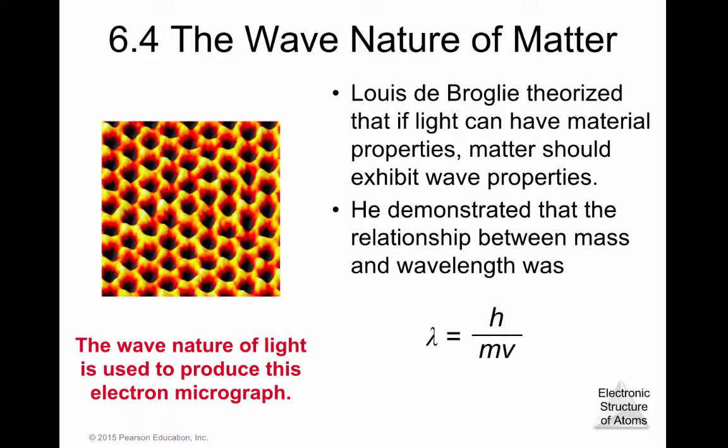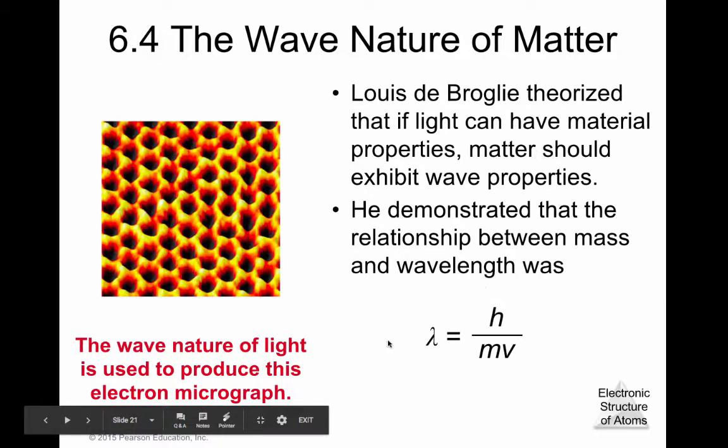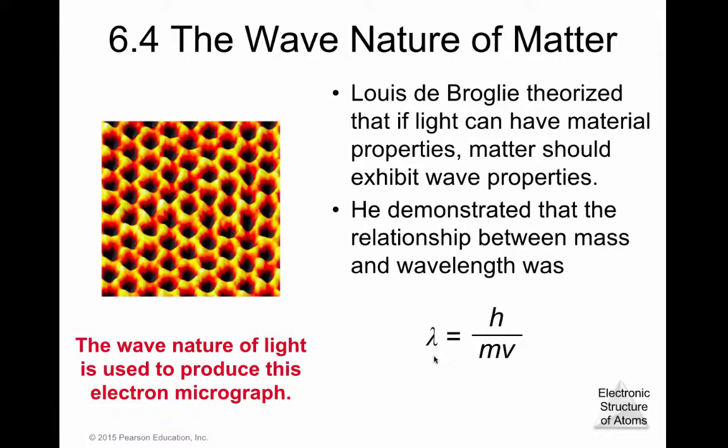He believed that all matter should exhibit some wave-like properties. And the equation that he came up with is represented right here. So we have lambda, which is our wavelength, and that equals Planck's constant over m times v, where m represents mass, and the v actually is not nu in this case. This is v as in velocity, as in meters per second.